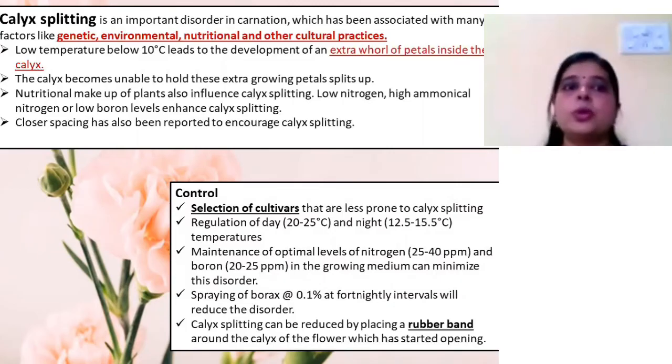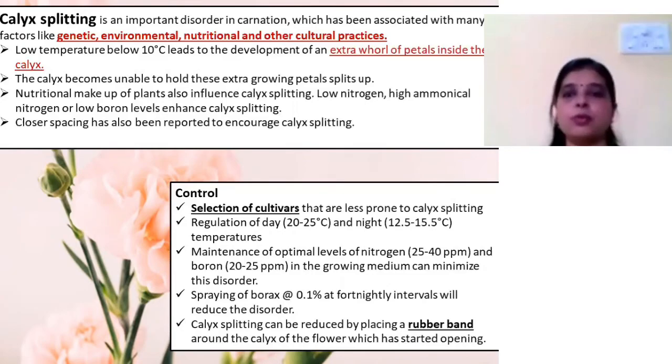The nutritional makeup of the plant also influences calyx splitting: low nitrogen, high ammonium nitrogen, or a low boron level enhance calyx splitting. Closer spacing has also been reported to encourage calyx splitting.